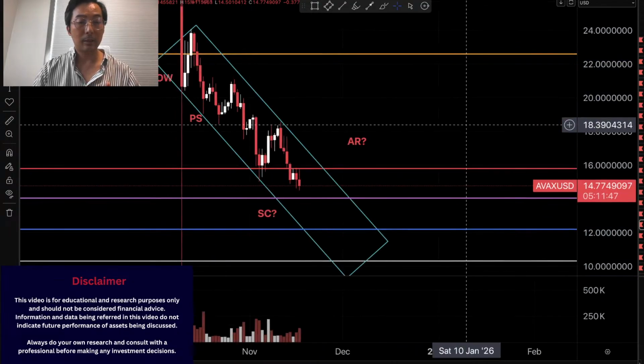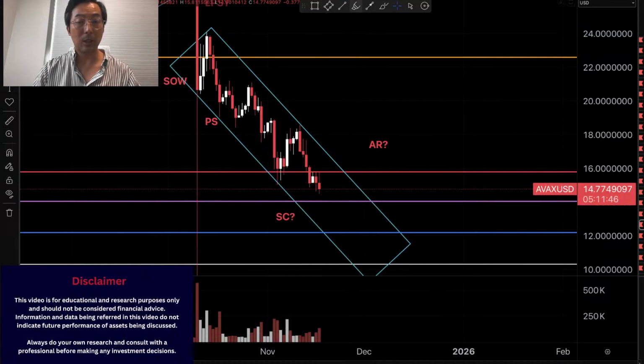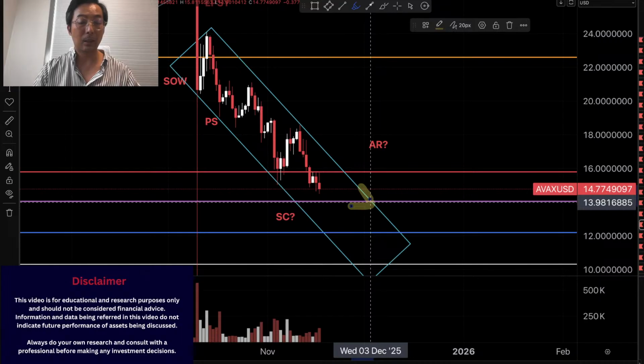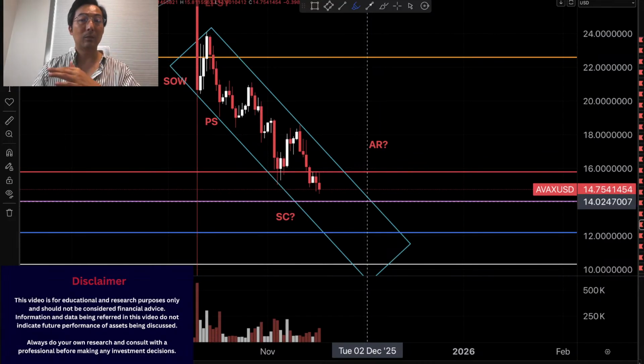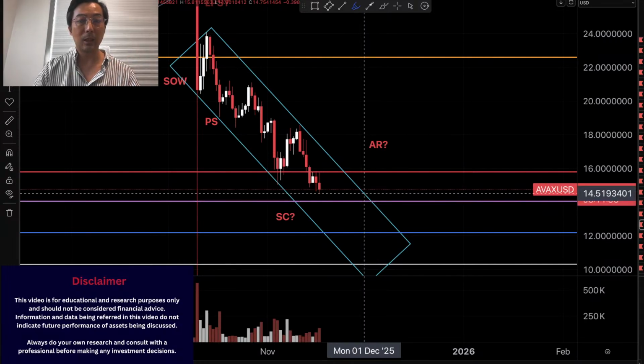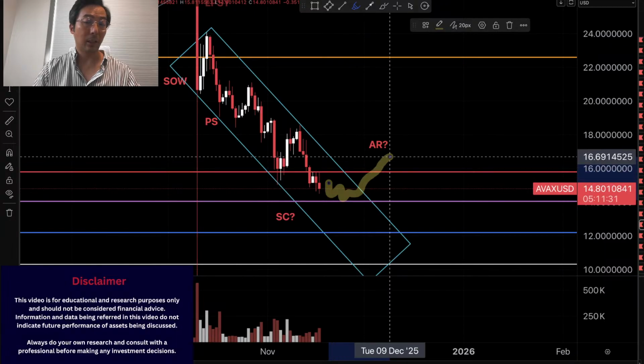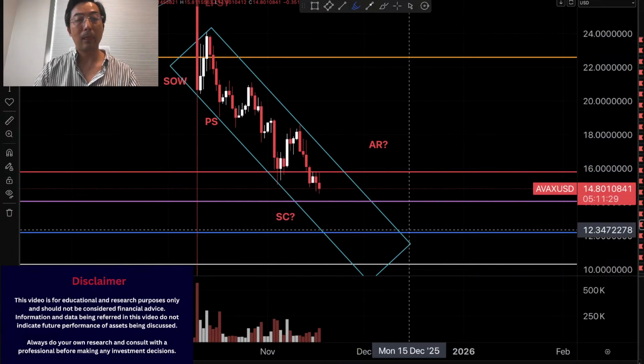So the next chance it has to break outside of this channel is around the beginning of December, the 3rd or the 2nd. So anytime from now till then, in about 2 weeks time, if it trades sideways, there's a chance for it to eventually finish this trend.